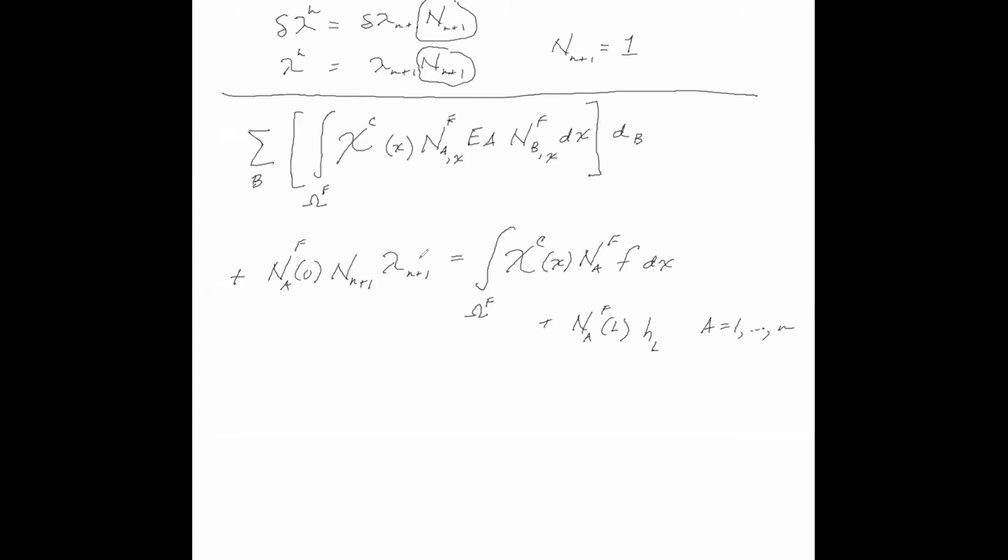And so there's our first set of equations. And then the equations that come from the Lagrange multiplier are B. Okay, so where does this come from?